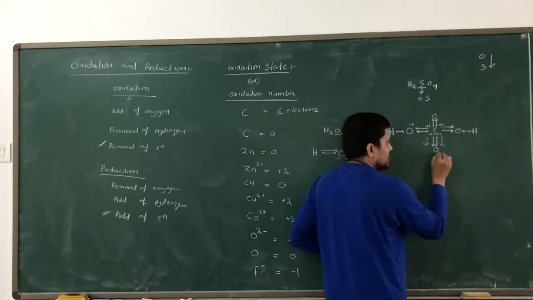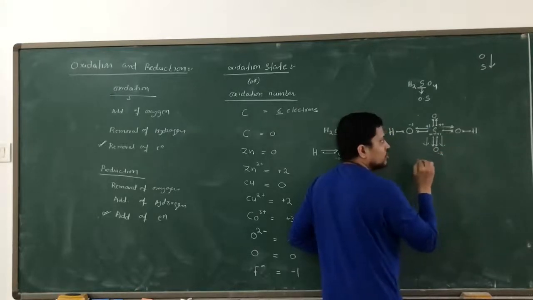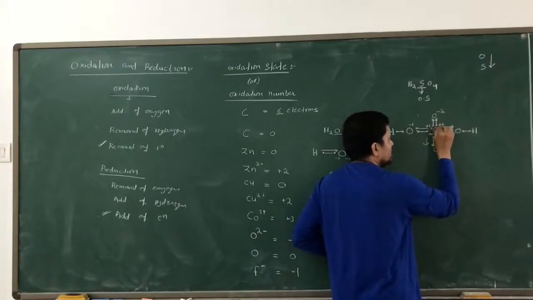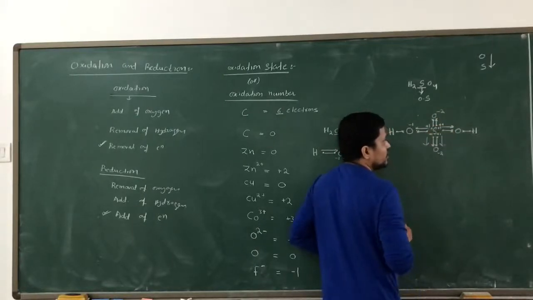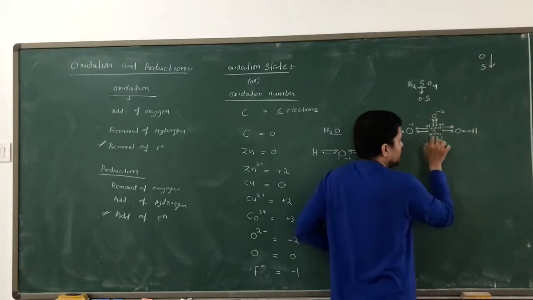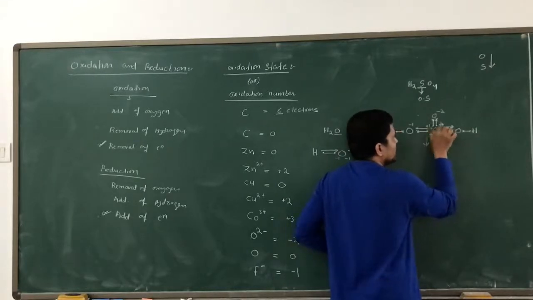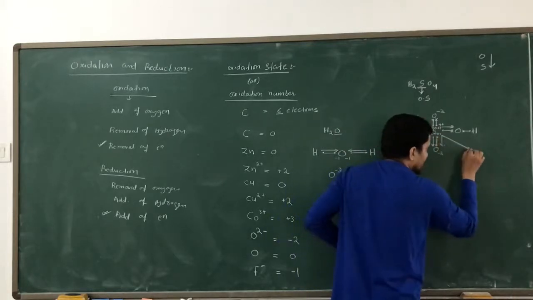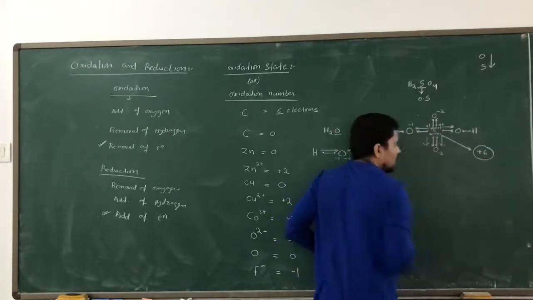And here oxygen gets minus 2. This oxygen is also going to be minus 2, and again sulfur gets plus 1, right? So in total how many plus did we get? 1, 2, 3, 4, 5 and 6. A total of 6 plus. That means the oxidation state of sulfur over here is going to be plus 6.